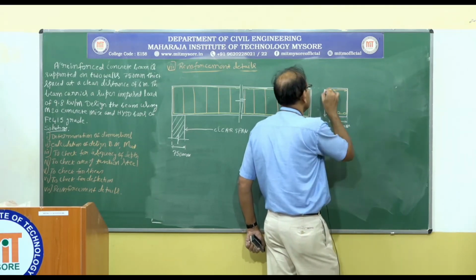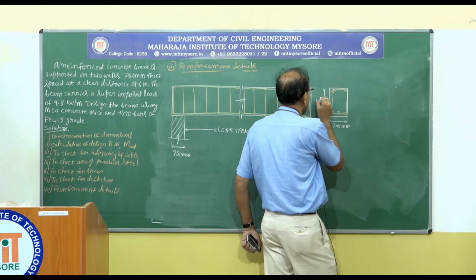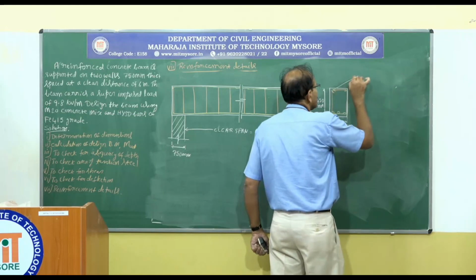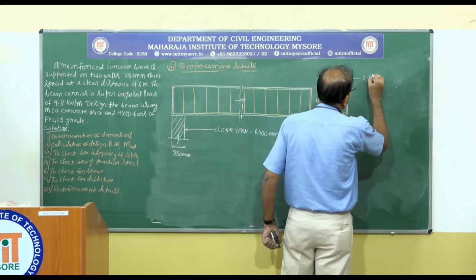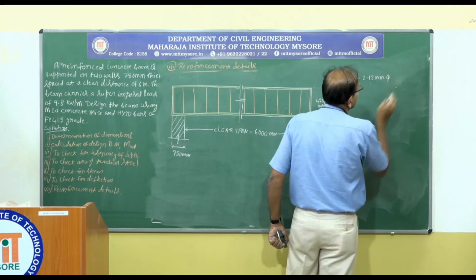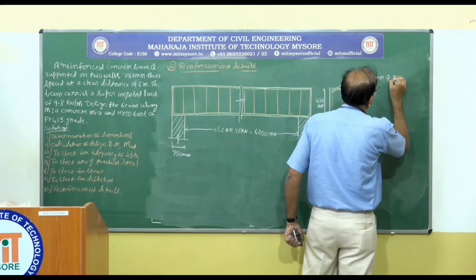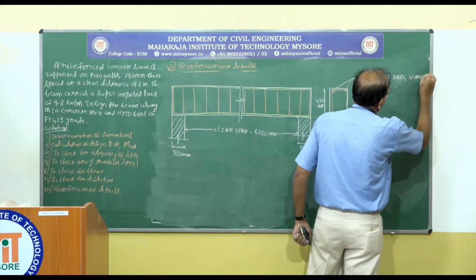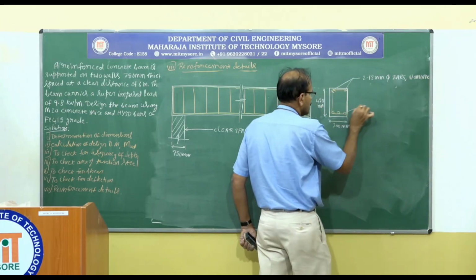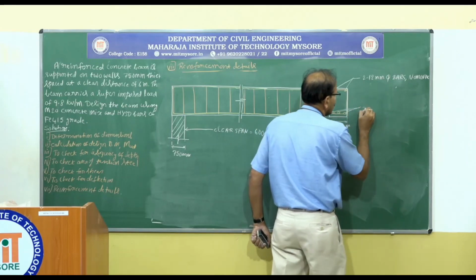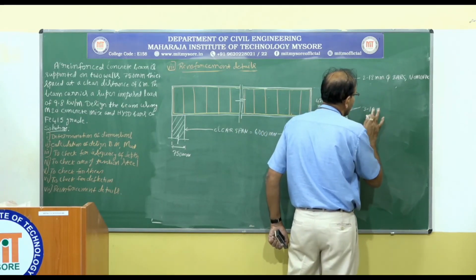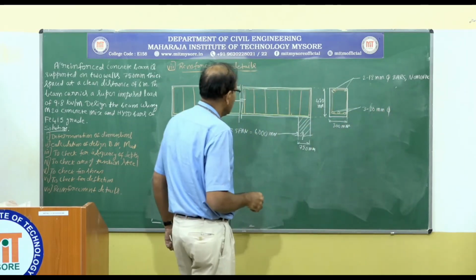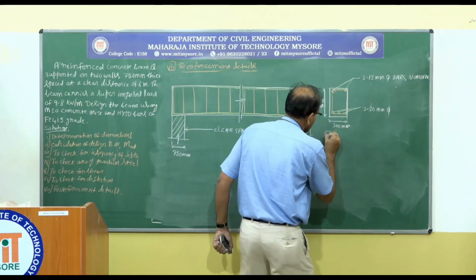Overall depth is 450 millimeter. This is 2 of 12 mm dia bars, nominal. So this is 3 of 20 mm diameter. So this is the cross section.